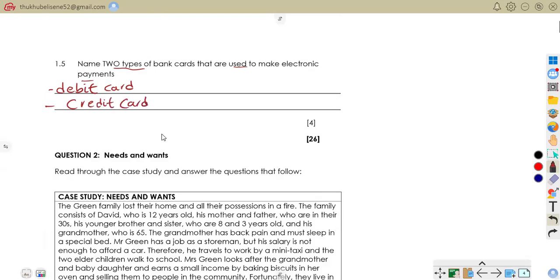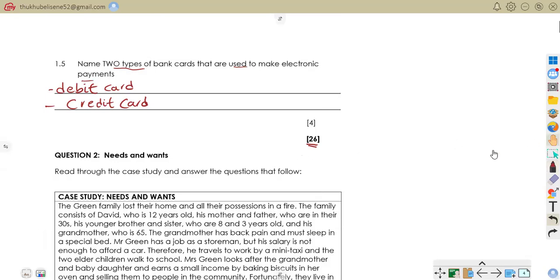A debit card is when money is taken directly from your bank account, for example, paying for groceries using your debit card. But with a credit card, you buy now and pay the bank later, for example, using a credit card to buy shoes and paying at month end. So that is that. You get your 26 marks for question 1.